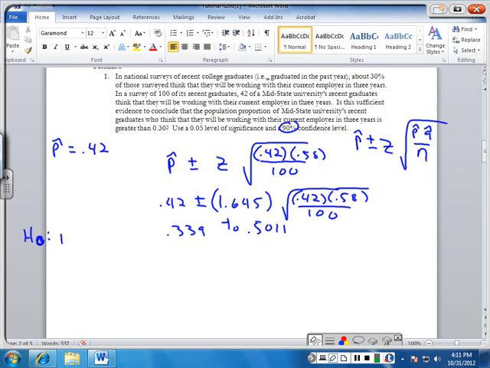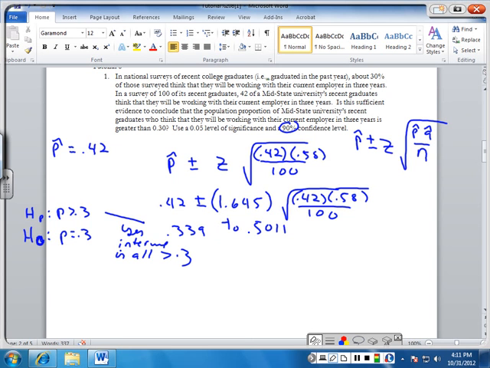So if we were comparing it to an H0 of p equal to 0.3, or if we were trying to show that p is greater than 0.3, the answer would be yes, the interval is all greater than 0.3.